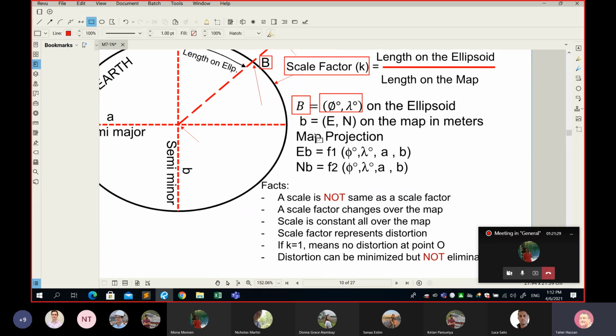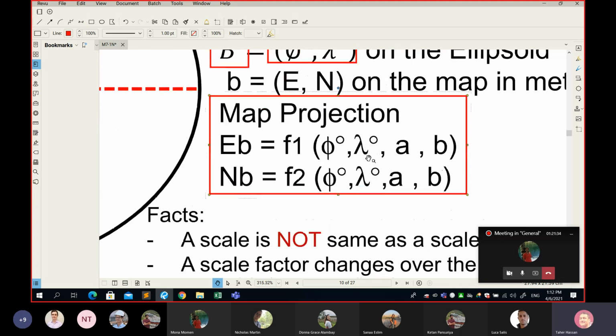Now, map projection, in a nutshell, I'm going to zoom in. Map projection is some sort of mathematical function. And please don't get distracted by what you see on my screen. I'm just focused on what I'm saying, the plain English. So map projection is simply a mathematical function. I call it F1.